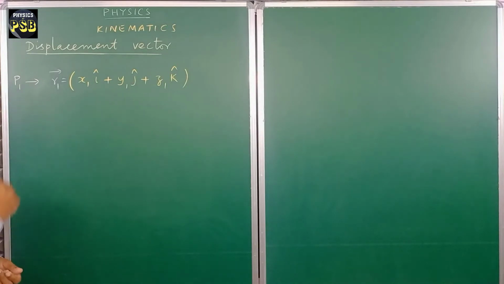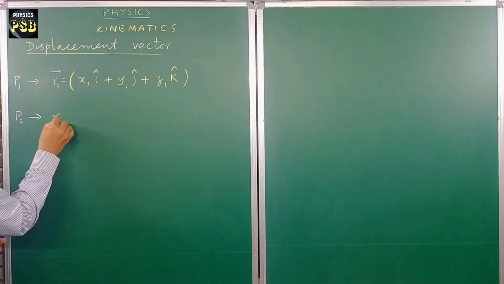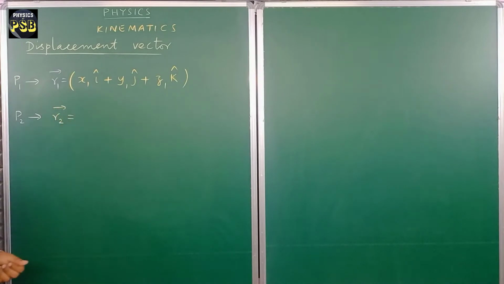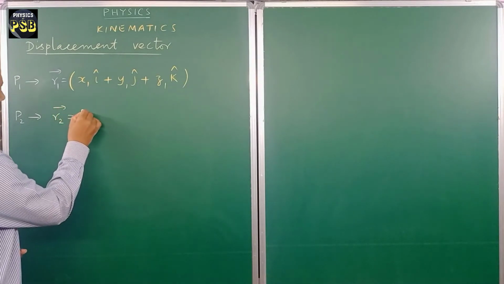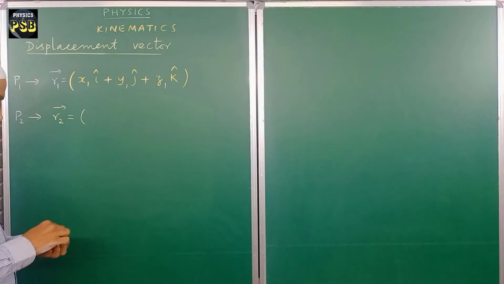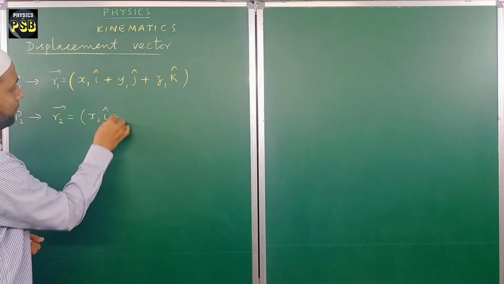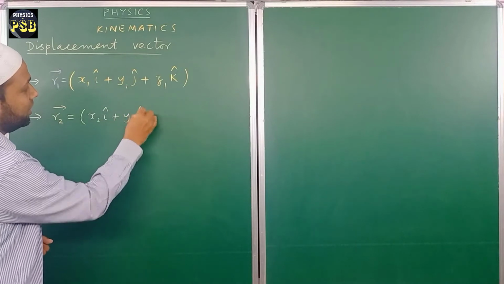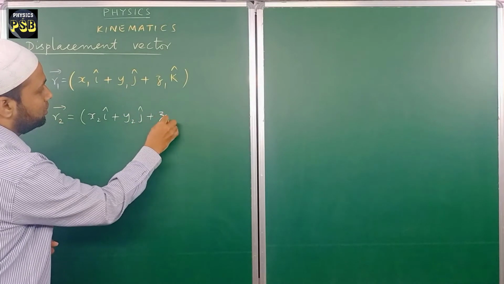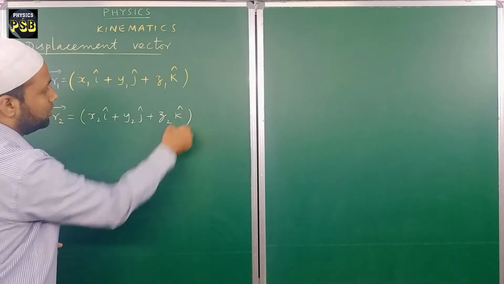Then after some time, if the object moves to point P2, then at point P2, the position vector of the object is taken as R2 vector, which is represented as x2 i cap plus y2 j cap plus z2 k cap.